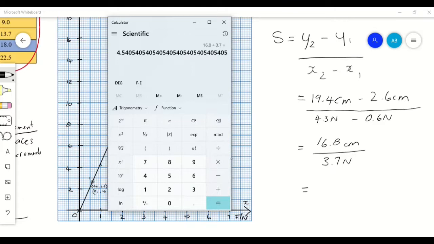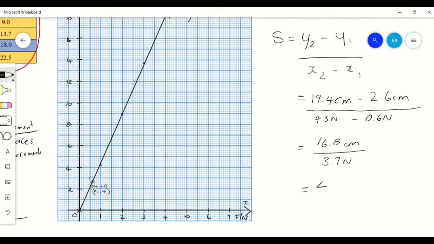So the smallest figure is 2. So our answer should be 2. So it's 4.5 centimeters per newton. And that is for multiplication or division. You maintain the smallest significant figure when you are multiplying or dividing. Another way persons would write this would be 4.5 centimeter, showing that this is a denominator.